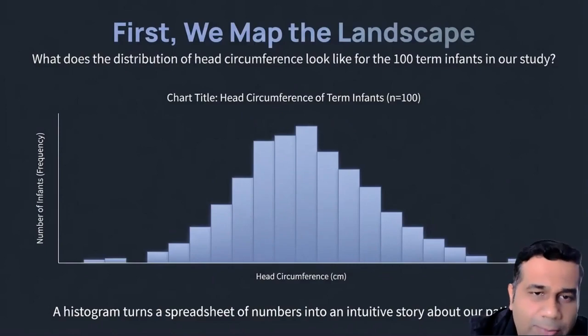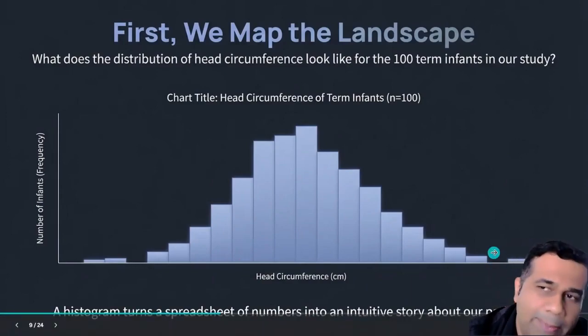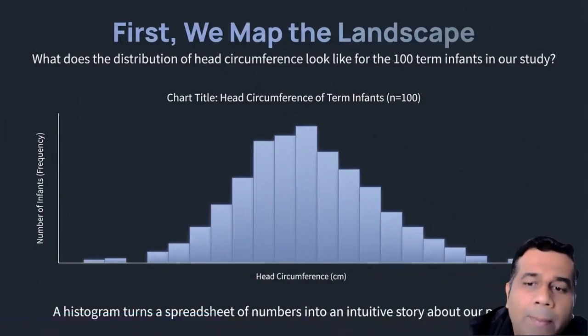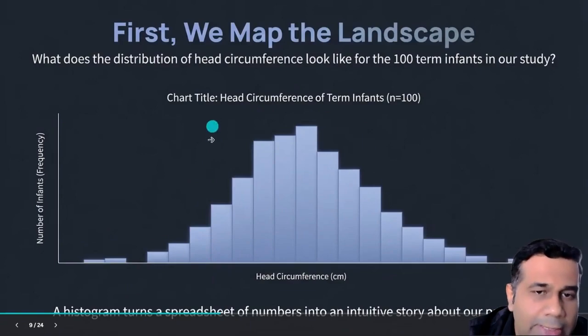But there will be some extremes. Some infants will have a very low value, and some at the other end, with extremely large heads. But the number of such infants will be small at both extremes, and the majority will be concentrated in this middle area.